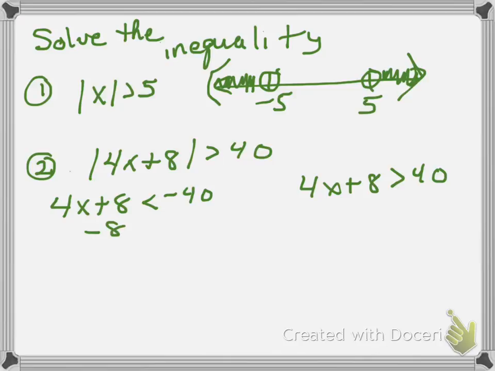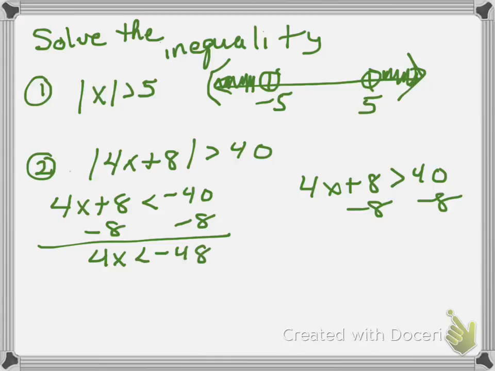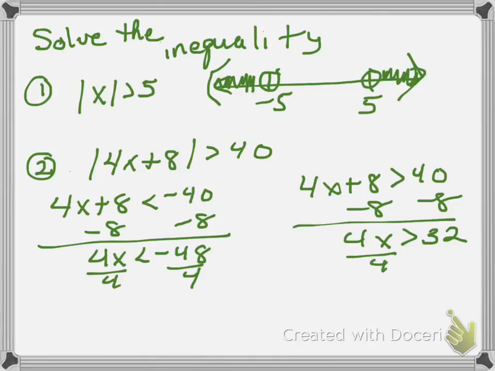All right, so the rules are the same. Subtract 8 everywhere, okay? So I get 4x is less than negative 48. I get 4x is greater than 32. Divide by 4. And I get x is less than negative 12, and I get x is greater than 8.